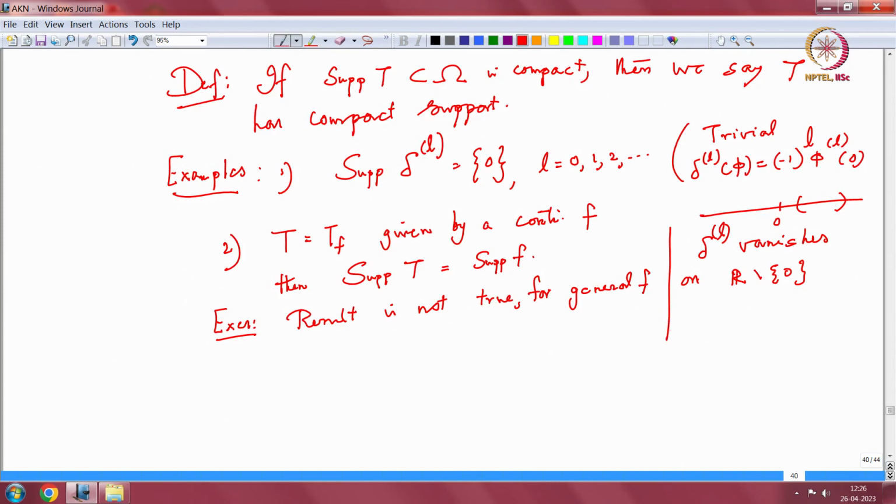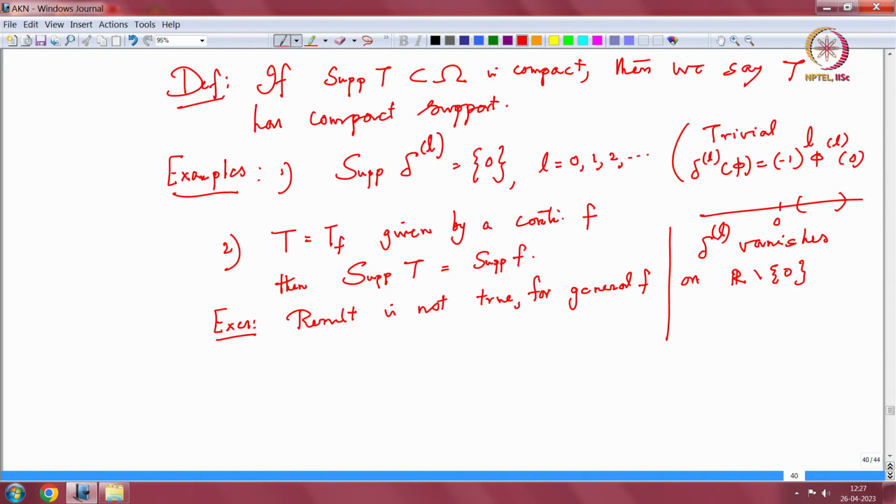Later I will prove that every distribution with support {0} can be written as a linear combination of the Dirac delta and its derivatives.